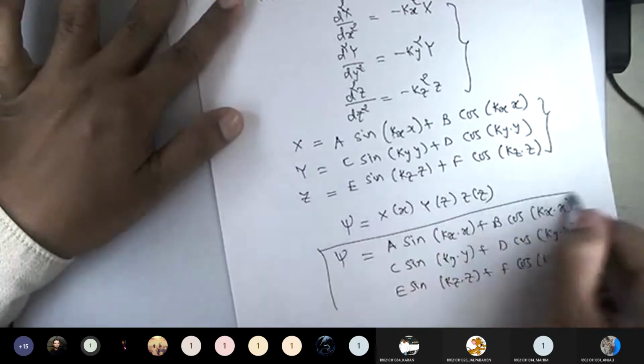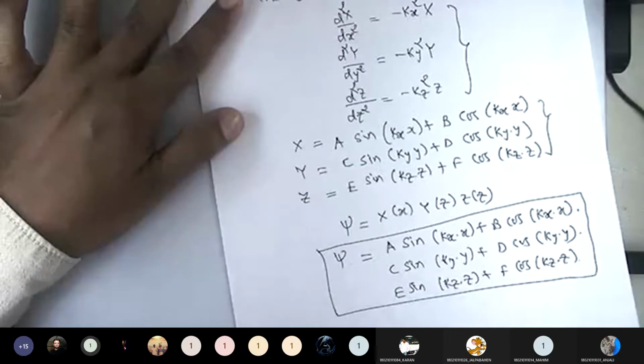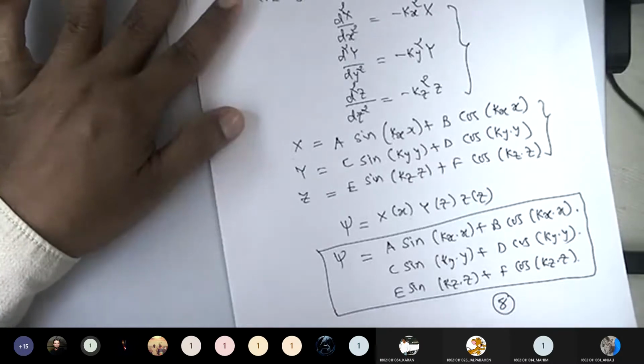Now consider this as the general total solution of the Helmholtz equations in a rectangular waveguide. This is our final expression number 8.